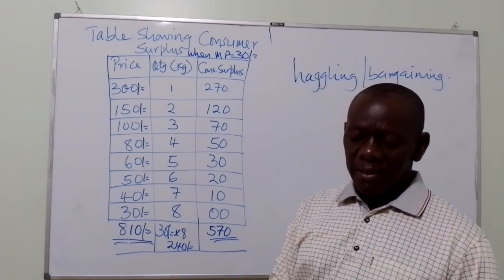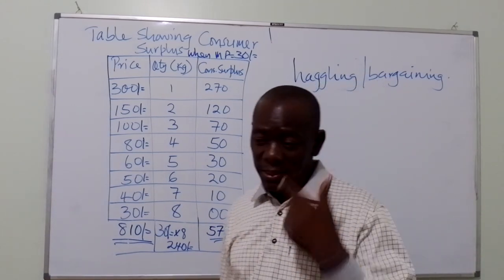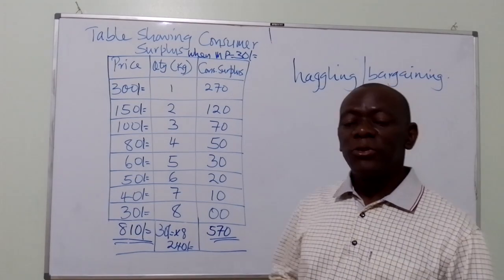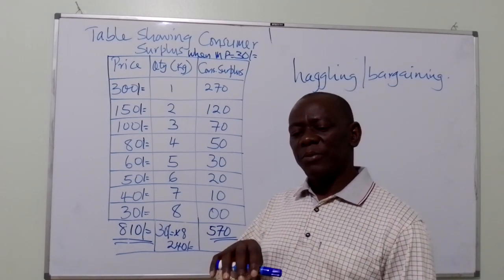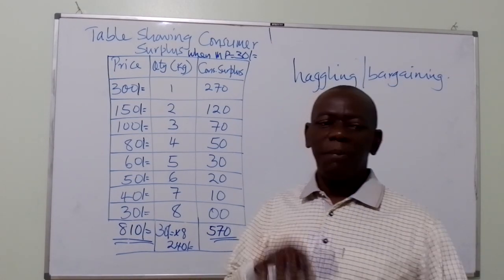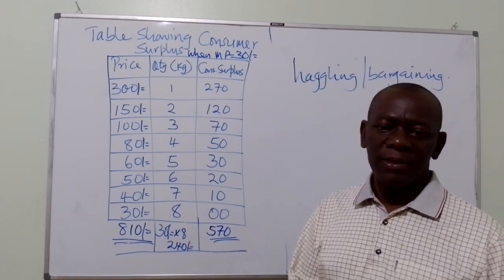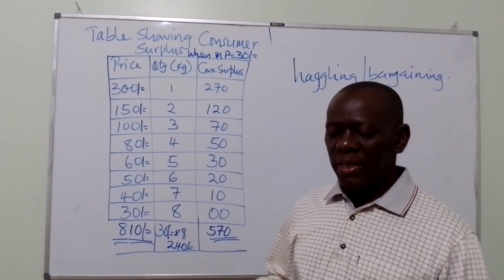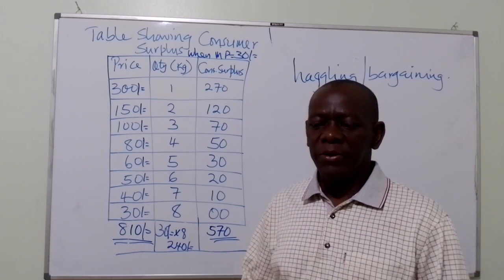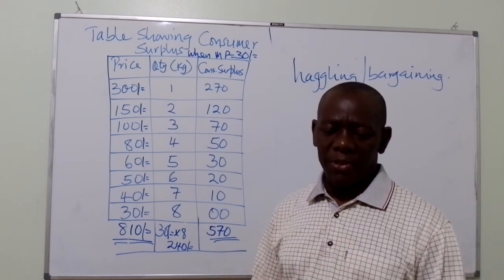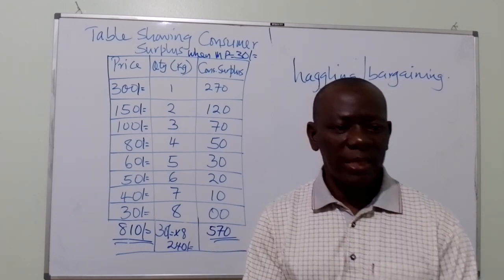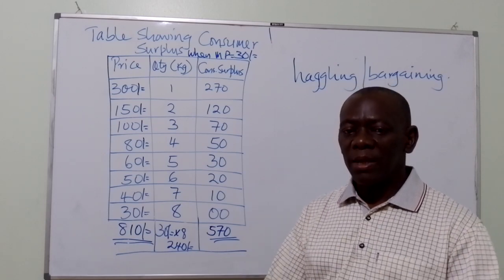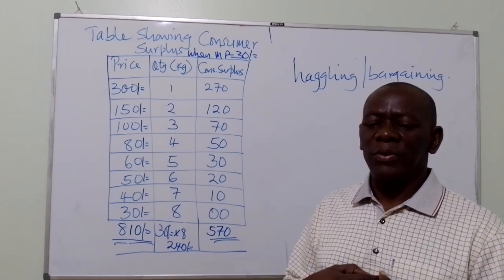When we are bargaining in economics, we are looking at two things: either to bring your expenditure within your planned expenditure. There are two situations. When I come to buy a radio and you tell me the price and you go into haggling, into bargaining, what am I looking for?